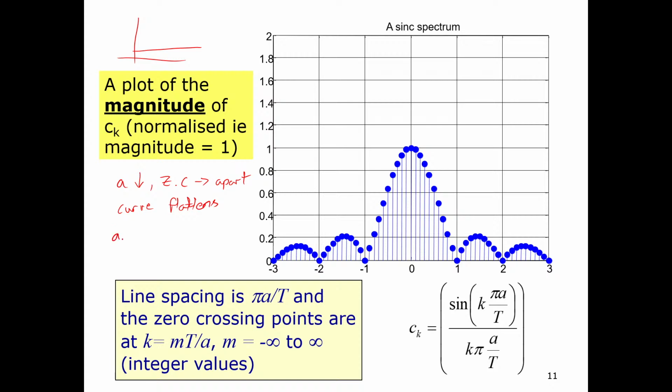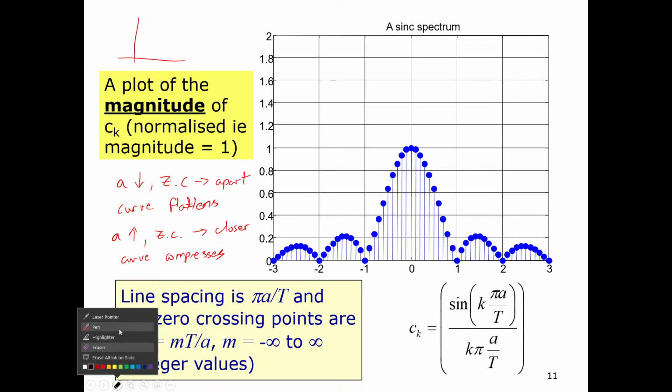As a increases, the zero crossings get closer and closer together, so the curve itself compresses. Because the curve compresses, that means that we approach an impulse instead.